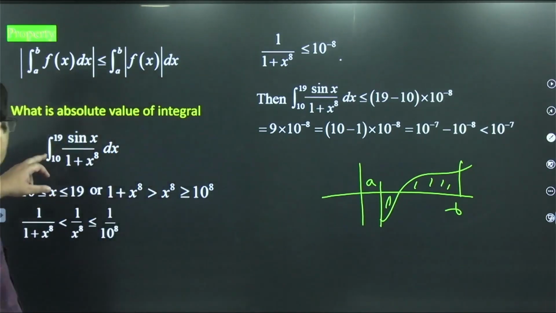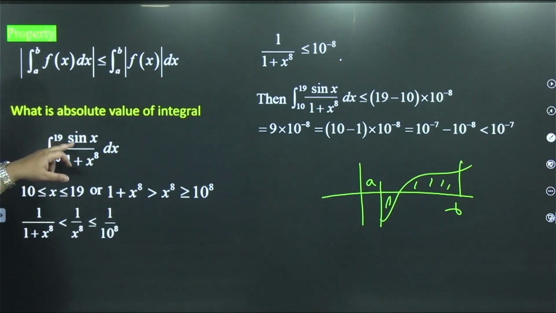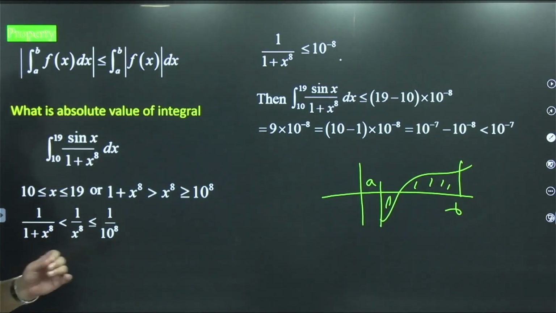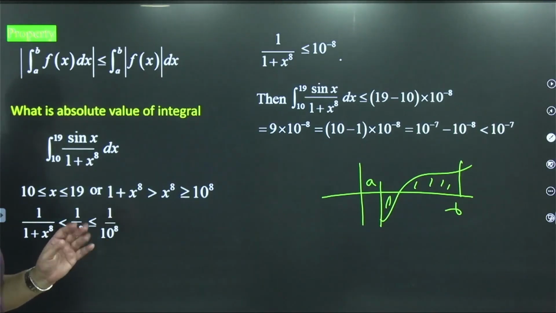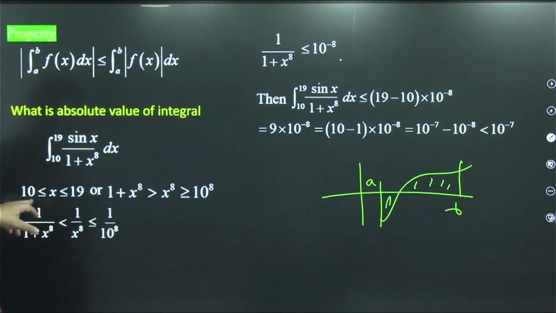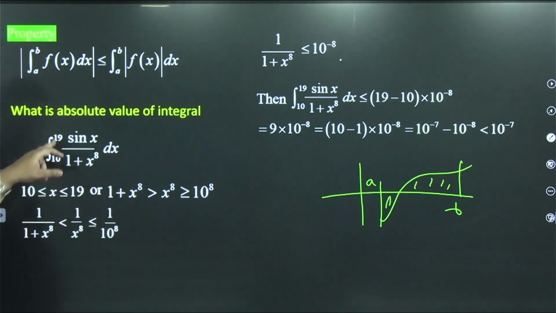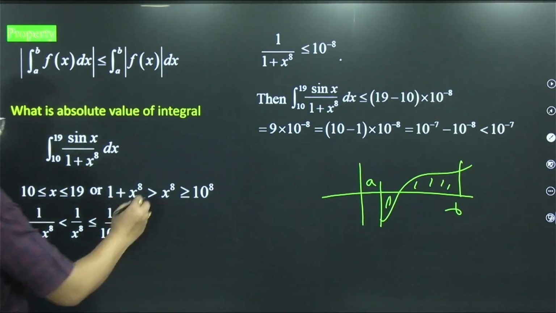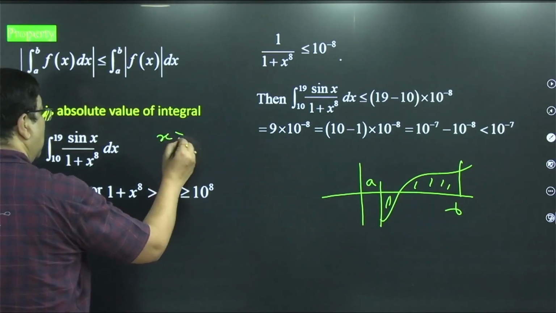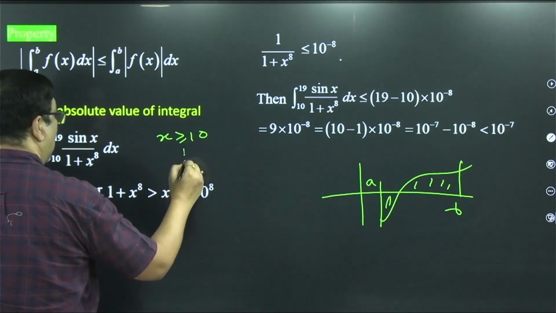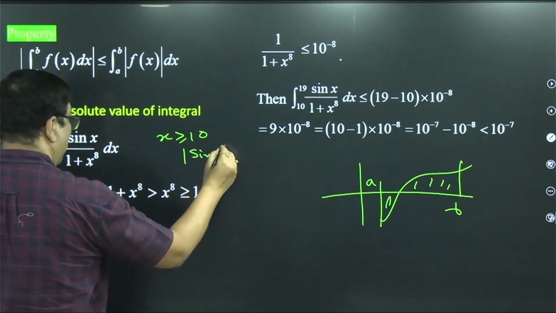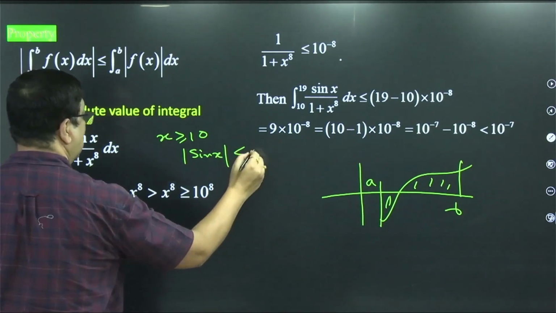I am giving you one example. The integral from 10 to 19 of sin x by 1 plus x to the power 8. We have to get the absolute value. Between 10 and 19, x lies between 10 and 19, and remember that mod of sin x is always less than or equal to 1.